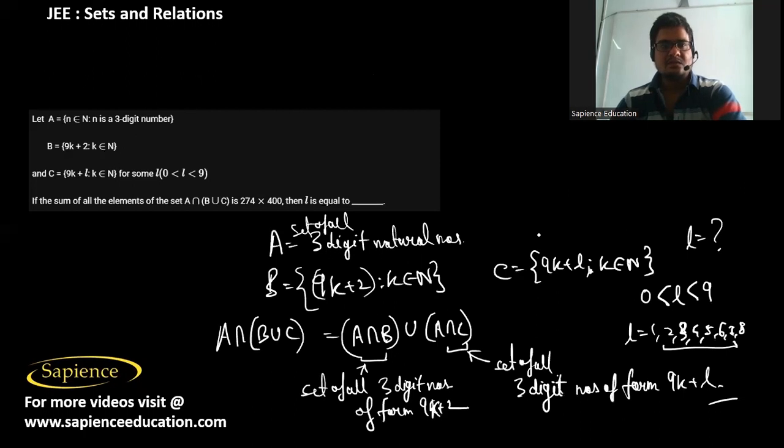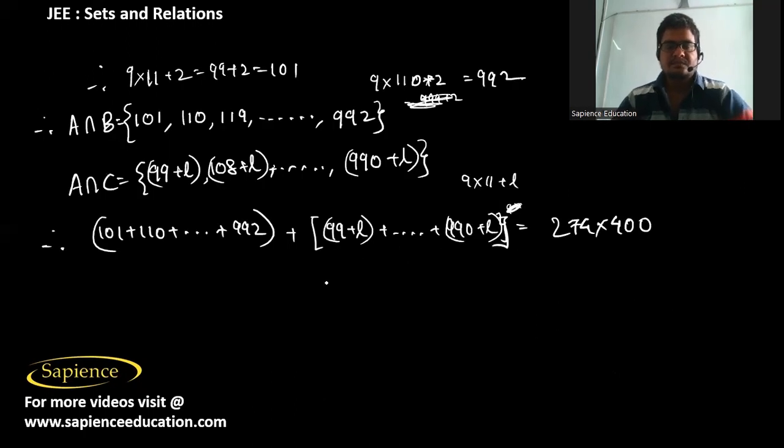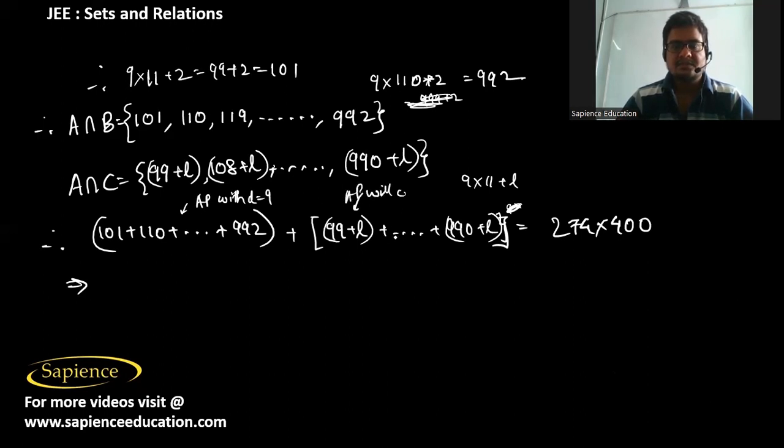Then we have to find the value of L. Obviously, this is an AP with common difference 9, and this is also an AP with common difference equal to 9.